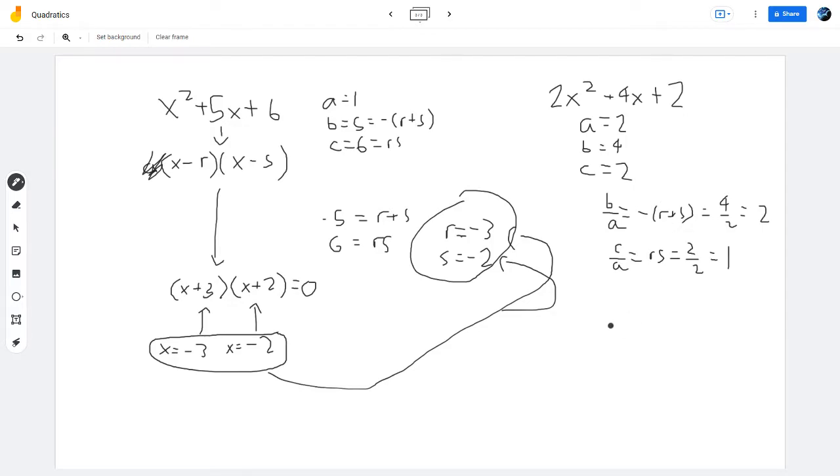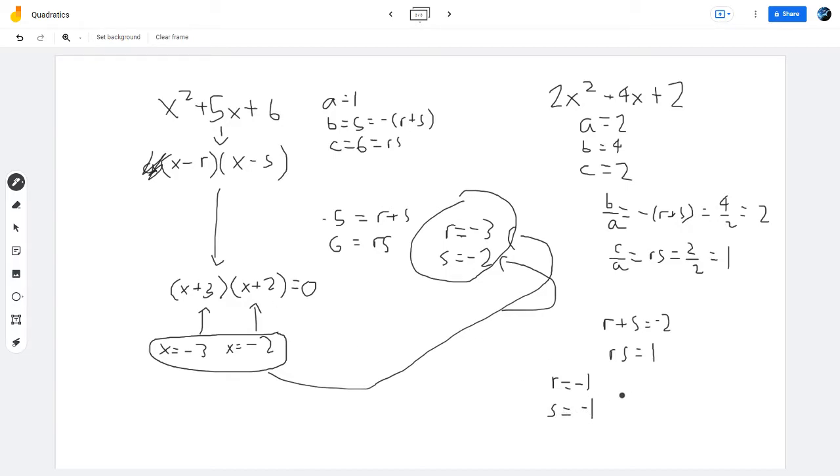And now we're ready. So we have r plus s equals negative 2, right, because we multiply both sides by negative 1. rs is equal to 1. And I think this one should be very obvious. r equals negative 1 and s equals negative 1. Solve this quadratic, right?